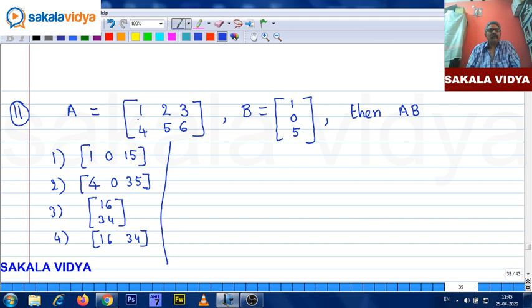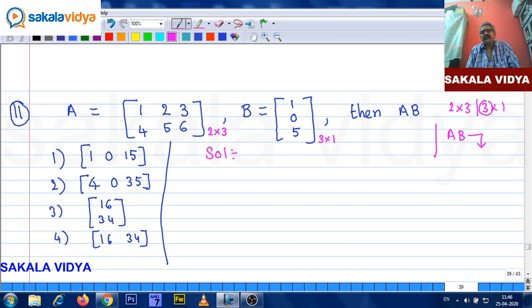Okay, now A is given and B is given, then we need to find AB. So what is the order of the matrices? A has 2 rows and 3 columns, 2 by 3. B has 3 rows and 1 column. If we multiply these, the resulting matrix order will be 2 by 3 multiplied with 3 by 1.